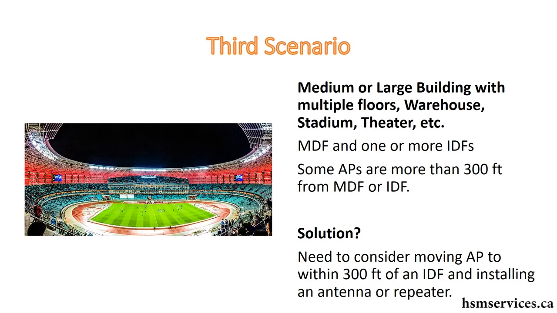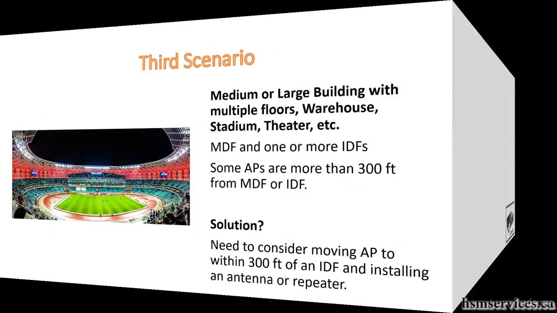So how do we design this Wi-Fi for this building? Well, we need to consider moving an access point to within 300 feet of an IDF, and then installing antennas or repeaters. That's the only way to ensure coverage.